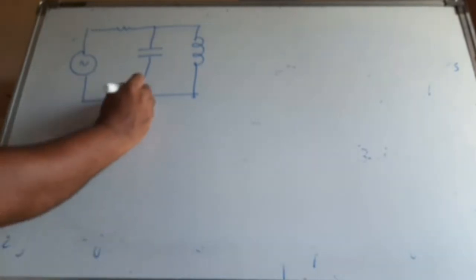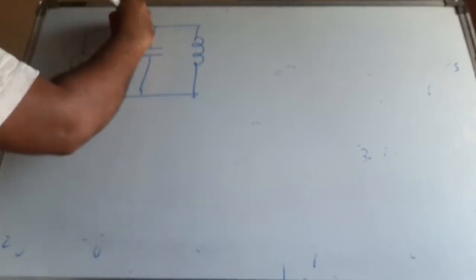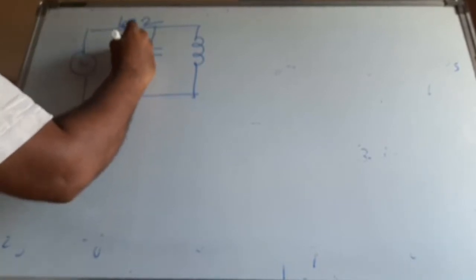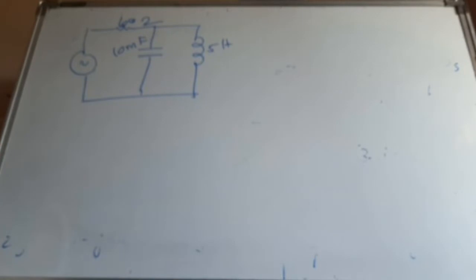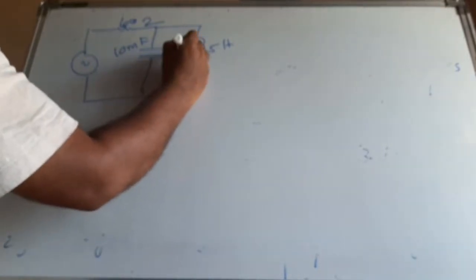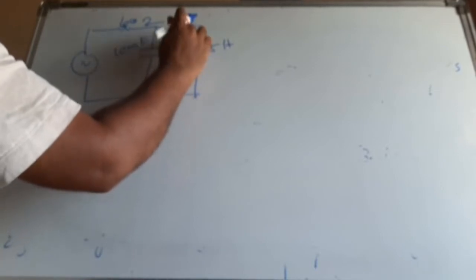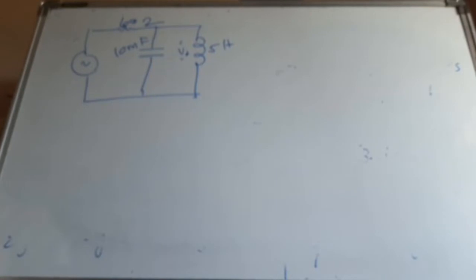You see that this is 5 ohms, this is 10 millifarad, this is 500, and this is 500. You are asked to find the voltage across this node, and also the voltage across this point. How do you solve this?